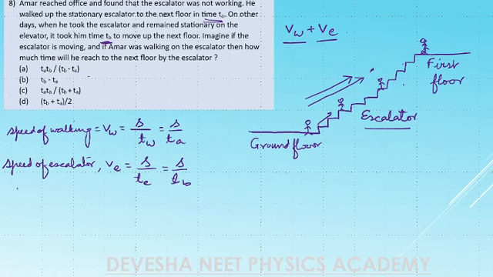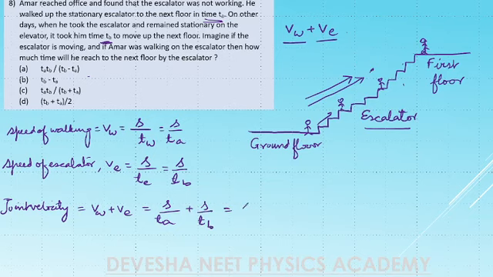So now let's come back to this. So what is the joint velocity? Joint velocity or combined velocity, right, is equal to VW plus VE, right? This is equal to S by TA plus S by TB.